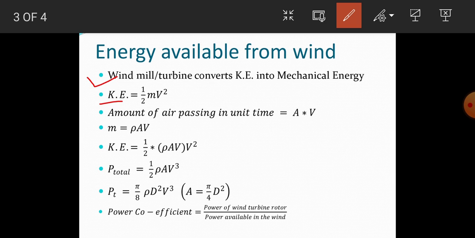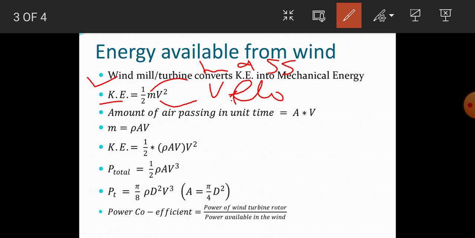Kinetic energy, as we know by the formula, is 1/2 mv squared, where m is mass and v is velocity, and we need the amount of air passing in unit time, that is how much volume of air per second is passed.